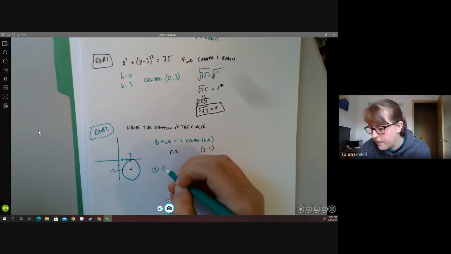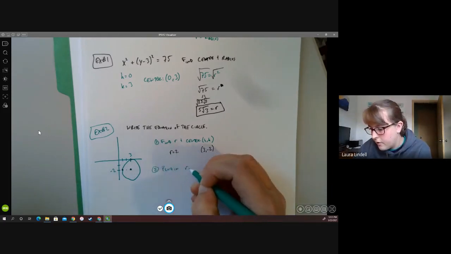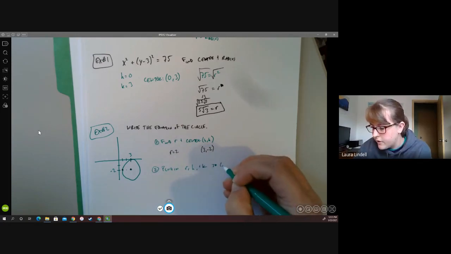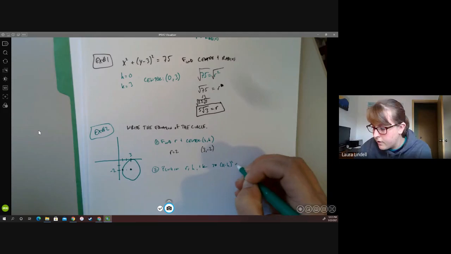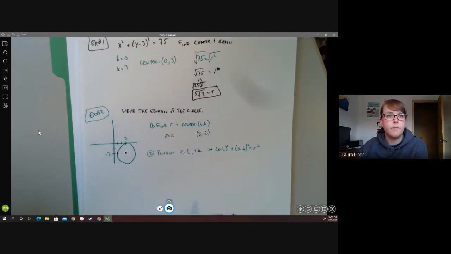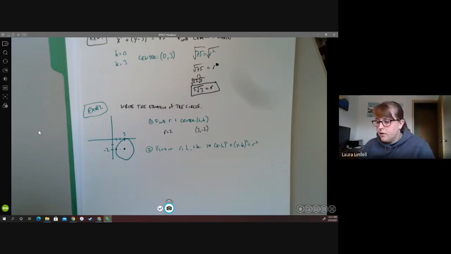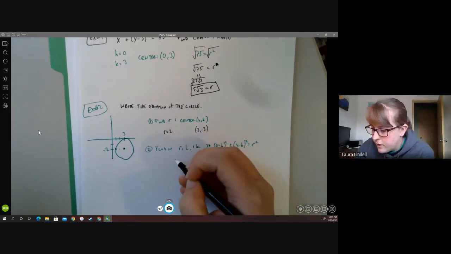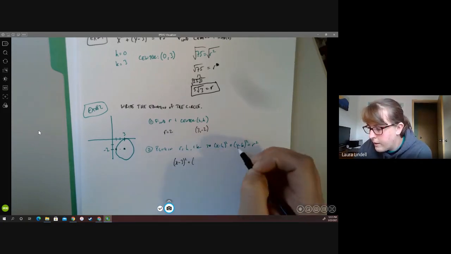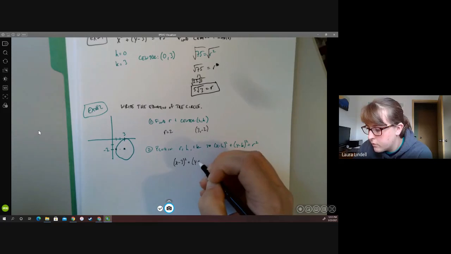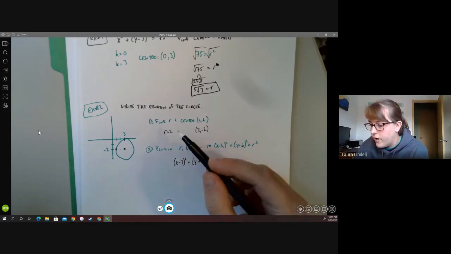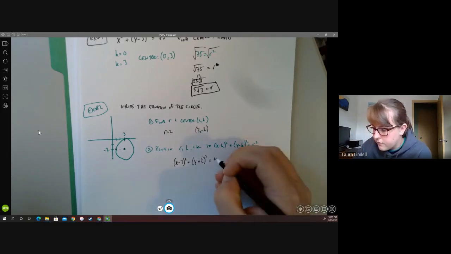Step 2, plug in r, h, and k to our equation: (x minus h) squared plus (y minus k) squared equals r squared. So we end up with (x minus 3) squared plus (y minus -2), which is (y plus 2), squared, equals, the radius is 2, 2 squared is 4.